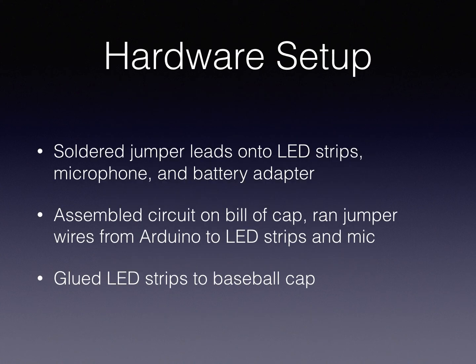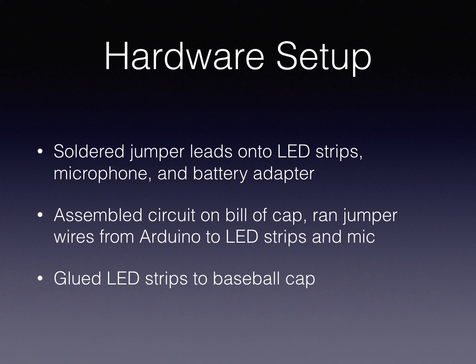Then I began assembling the whole circuit on top of the baseball cap. I started out by soldering jumper leads onto the LED strips themselves. I soldered some wires onto the microphone so that I could plug it directly into the breadboard that I was using, and I also soldered leads onto a battery adapter that I would be using.